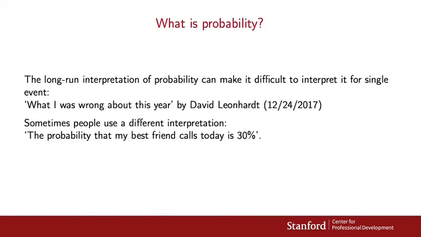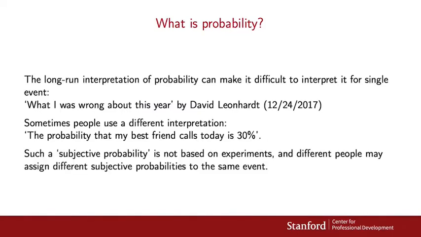For example, if somebody says the probability that my best friend calls today is 30%, then this statement clearly cannot be interpreted as a long-run frequency, because today, in the particular circumstances of today, happens only once. So what this person means is that there's simply a subjective feeling of 30% that this event will happen. This is called a subjective probability. It's not based on experiments, and different people may assign different probabilities to the same event.